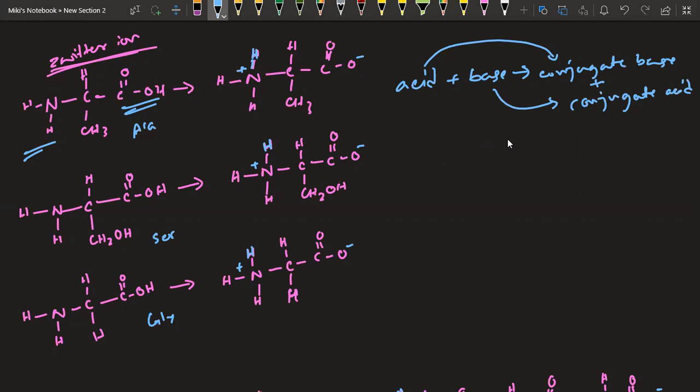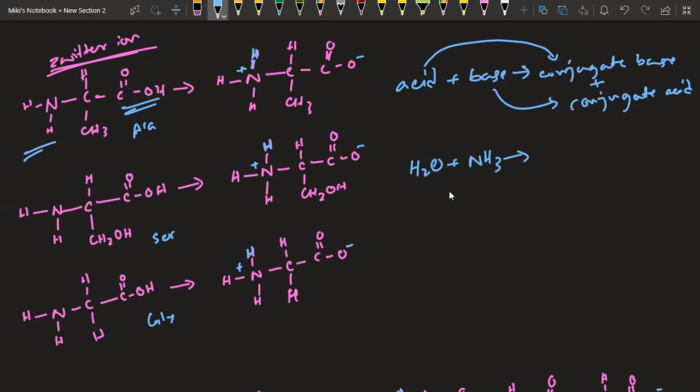Now, to explain this, let's give an example. Just give me a second, let me think. Okay, let's take it in this way. We have H2O plus NH3. Now water acts as an acid.